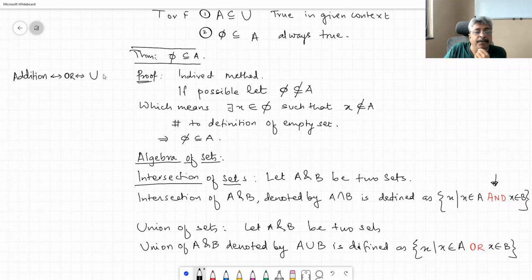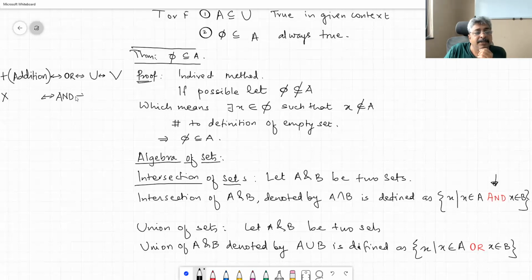And at the end of your 12th standard, you will learn logic. In that, the connective or is represented like this. So all these things are equivalent. They have similar meaning in different theories. In combinatorics it is addition, in English it is or, in set theory it is union. Addition means plus, if you want to have a symbol. Multiplication in combinatorics is same as and in English.